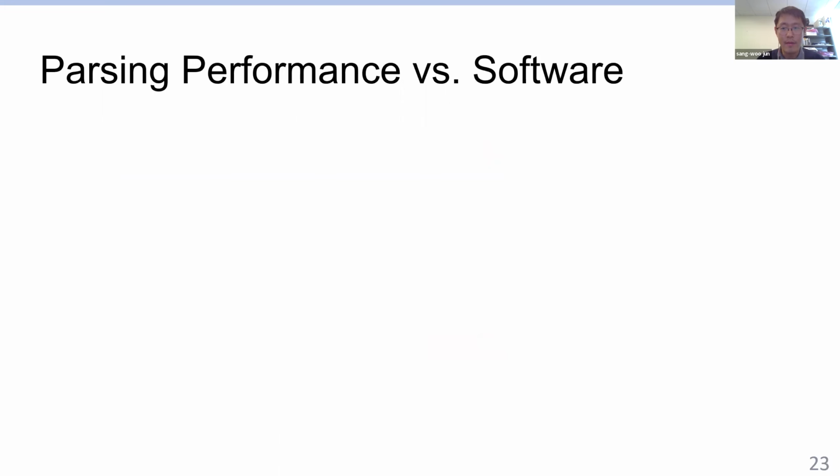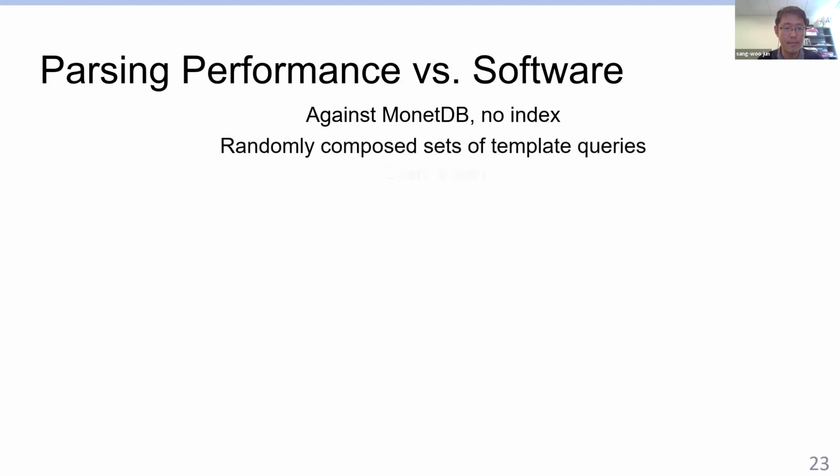Comparing against software performance, first we compared the raw string parsing performance against software. We compared against MonetDB, which we assume would give us a pretty well-optimized software implementation. And we tested just the text string parsing operation by disabling the index. We used a randomly composed set of template queries because we are able to support up to 8 parallel sets.